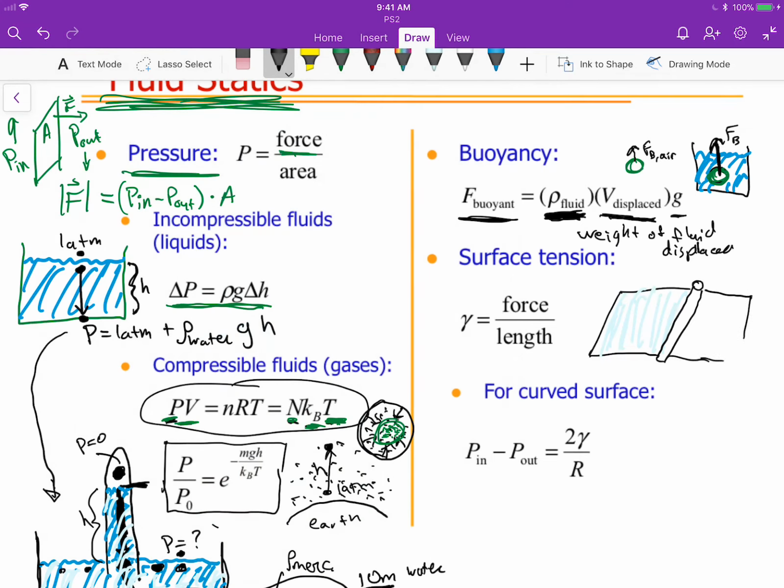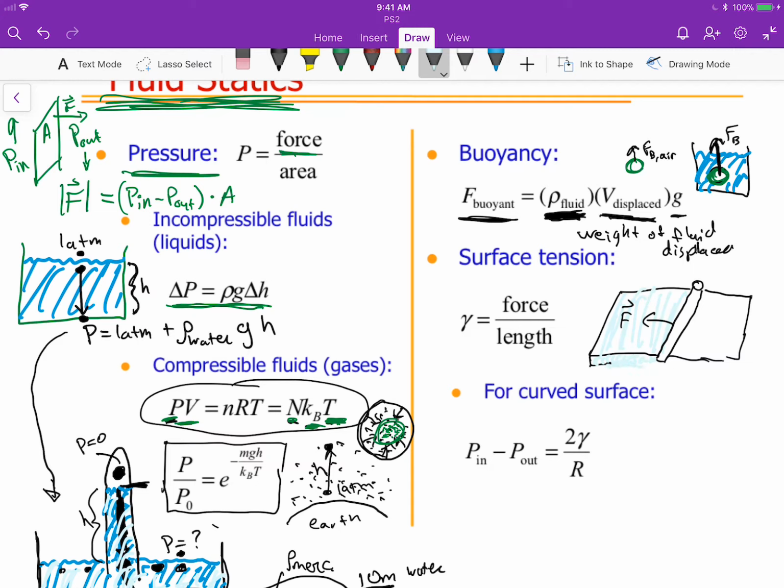And what we noticed was that this bar had a force that pulled it that way. And so what's going on here is that you have two surfaces. The bubble is actually two surfaces.